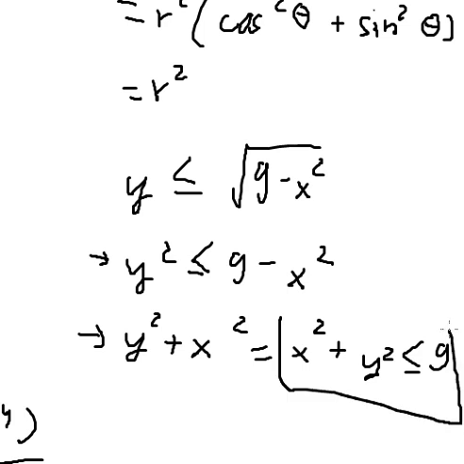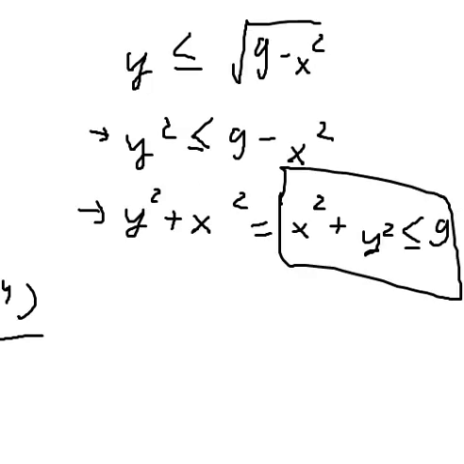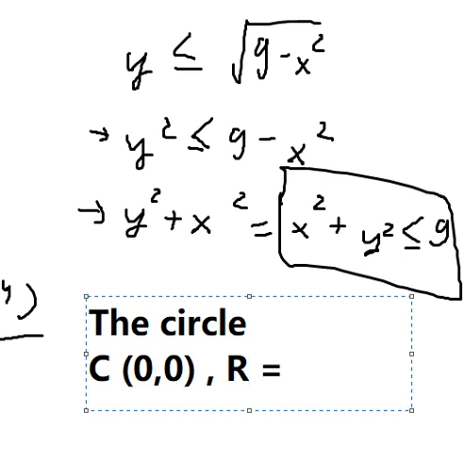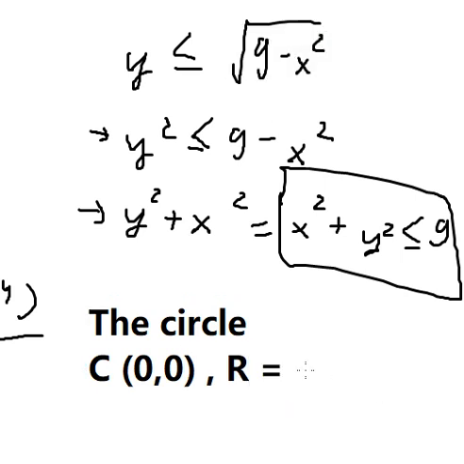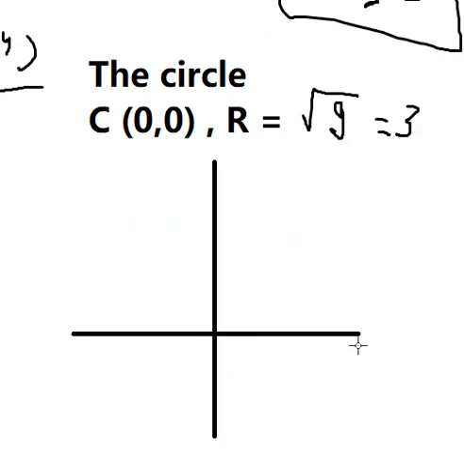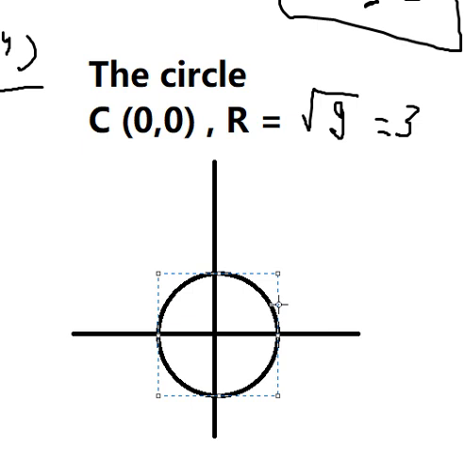We see that this is a circle. So the center of the circle is 0, 0, and the radius is the square root of 9, which is 3. And now we need to draw the circle here. Because the center is 0, 0, it should be in here, and the radius is 3.